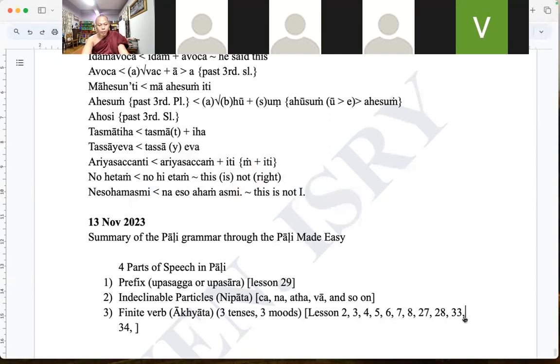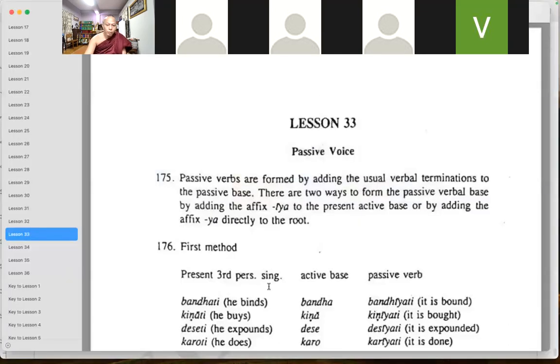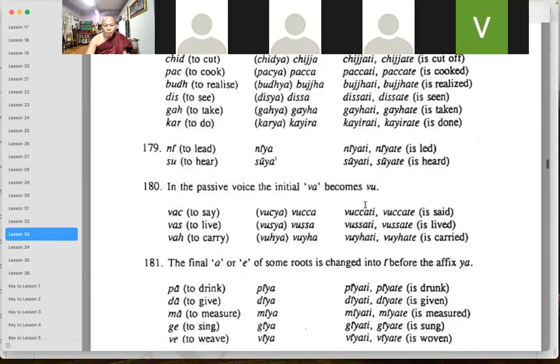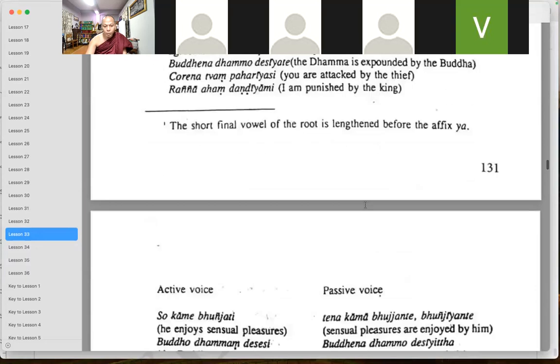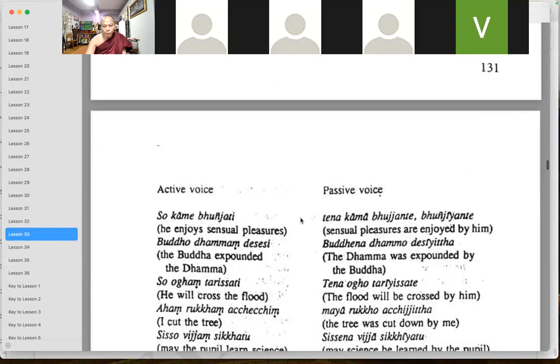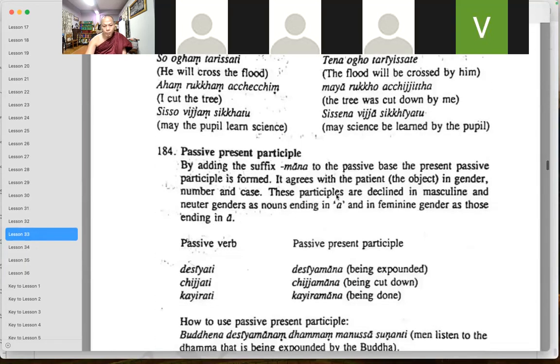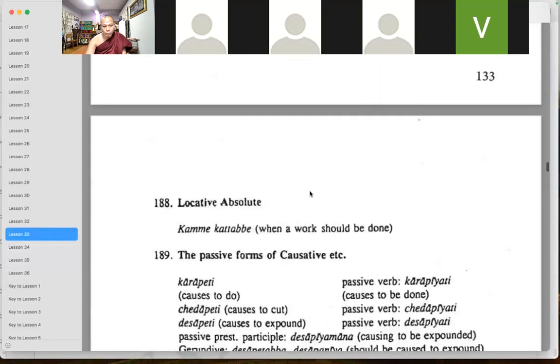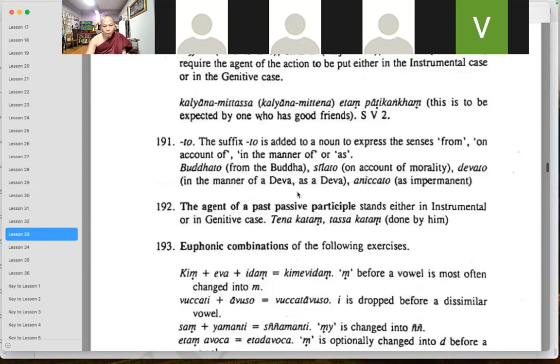Here it's not just passive, maybe causative also, active, passive. After the passive participle, the infinitive, future passive.